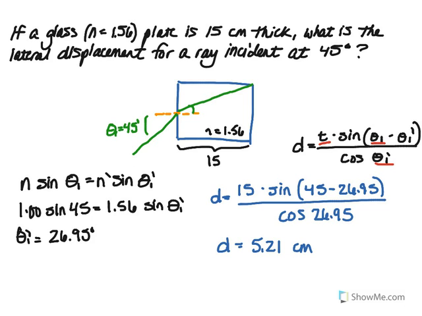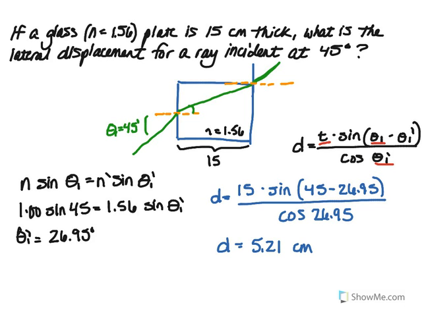We would assume that this, we'll extend our interface here, and this ray would then be refracted going from a high to a low index, would be refracted away from the normal. Like this, if we had a normal drawn in right here.